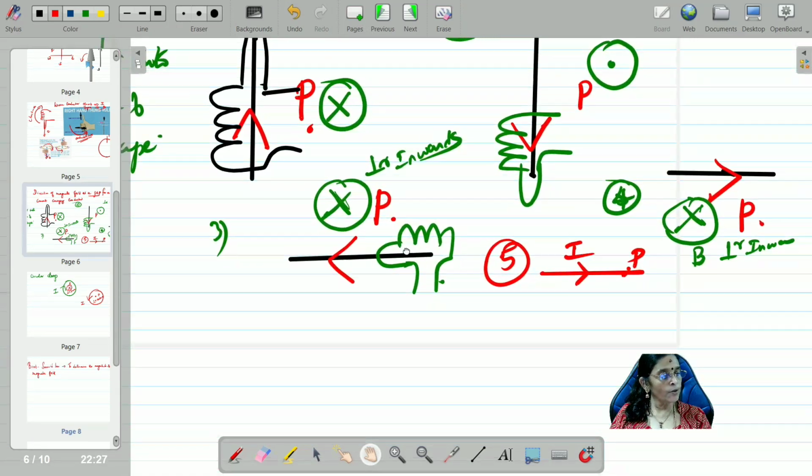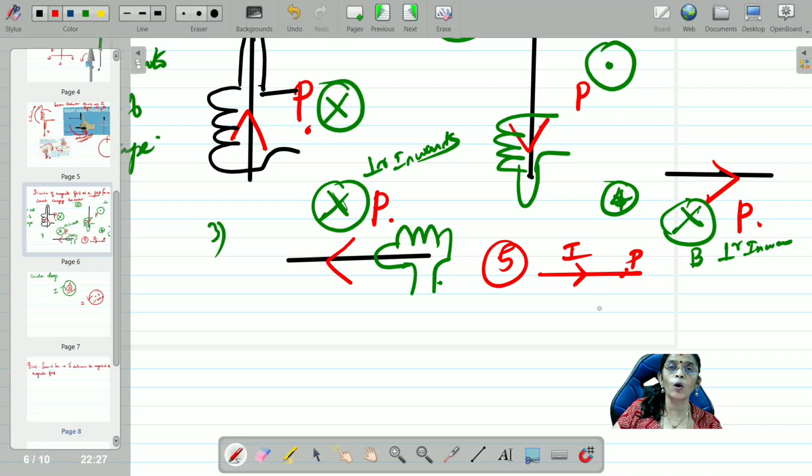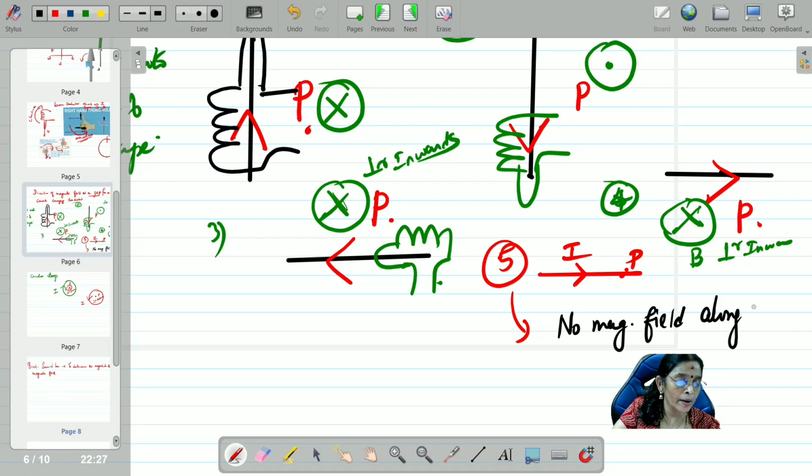In this case, for the fifth question, you should write no magnetic field along the wire. It will always be around the wire. So therefore, point P is along the wire.